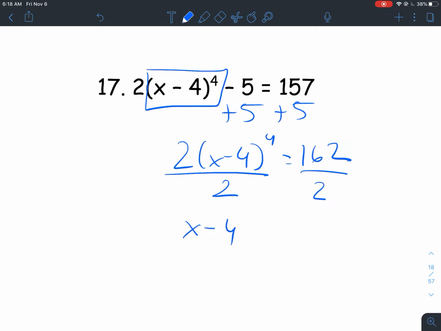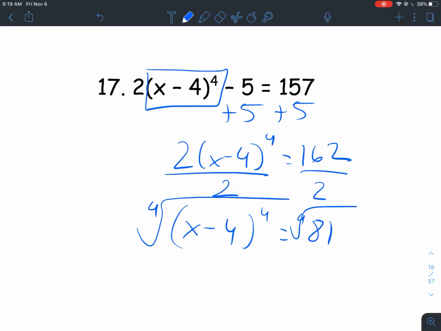So we get x minus 4 to the 4th equals 81. Now, notice this one is a power of 4. So the inverse of power 4 is going to be the 4th root.